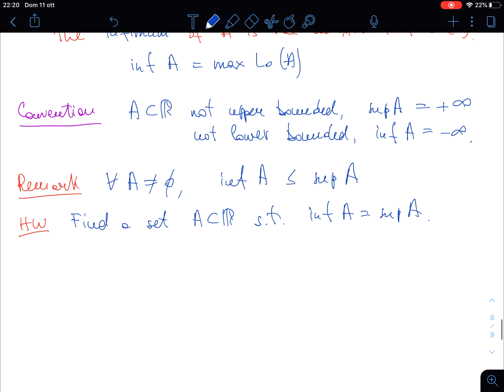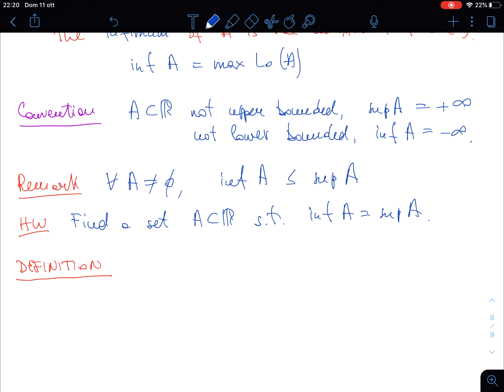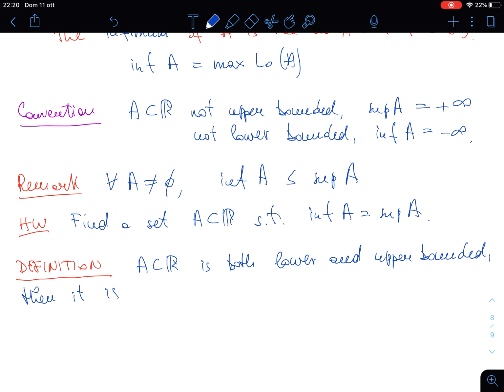The last definition is the following for this part. Then we will move on. The definition says that if a subset of R is both simultaneously lower and upper bounded, then it is said to be bounded.